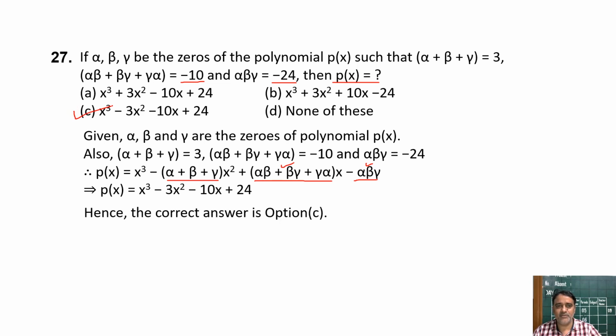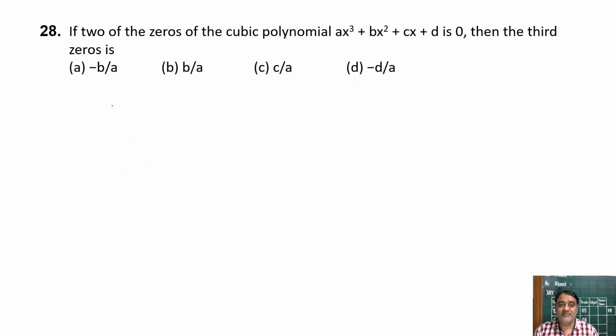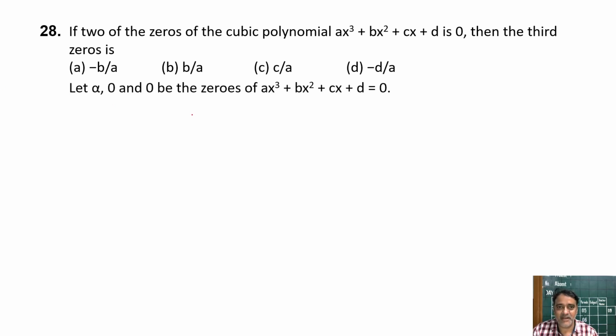So now we are moving toward question number 28. If two of the zeros of the cubic polynomial are 0, then the third zero is, right. तो हम लोग क्या करेंगे, पहले sum of zeros निकालेंगे. What is the formula of sum of zeros? Minus b by a. Very good. And let the zeros be alpha, 0, 0, क्योंकि क्वेश्चन में दिया हुआ है कि दो zeros 0 है.